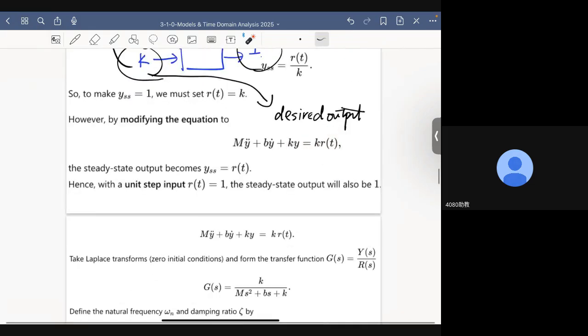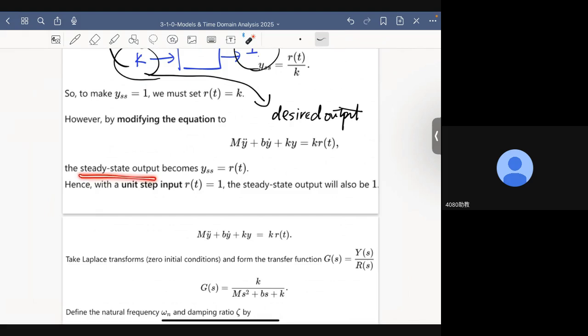If this is the case, during steady state, again this goes away, then y_ss, which is the steady state output of the system, will be exactly the same as the input. So in the remaining part of this course, next time when we deal with a spring mass damper system, this will be the equation of motion of our system. All right.